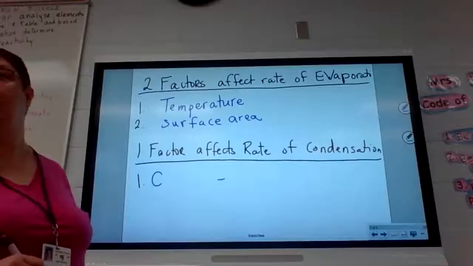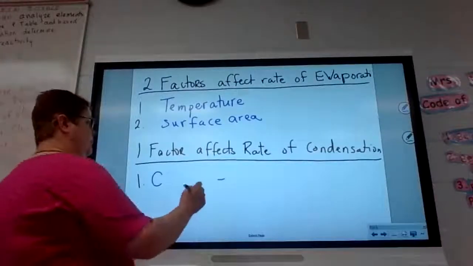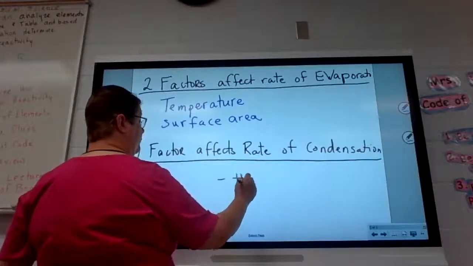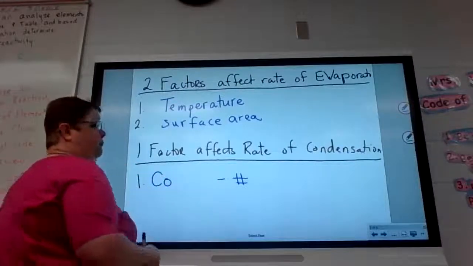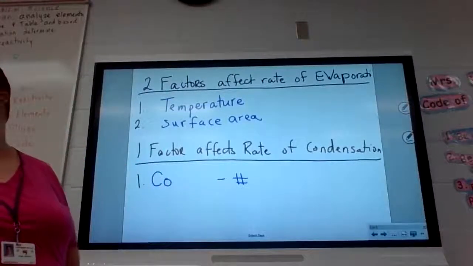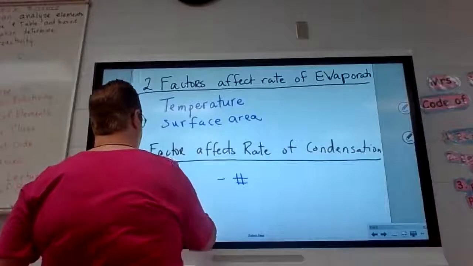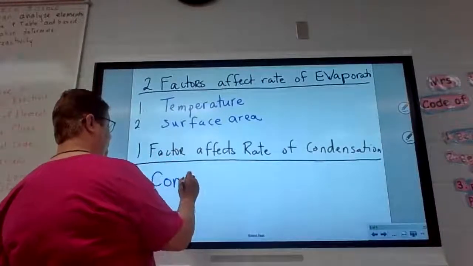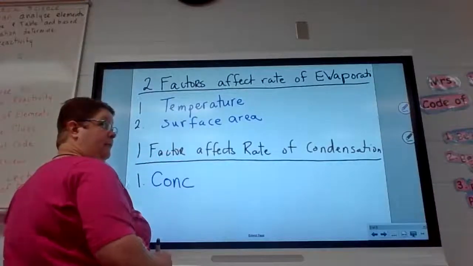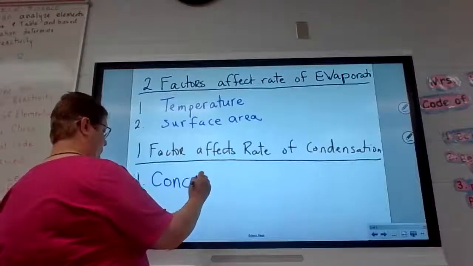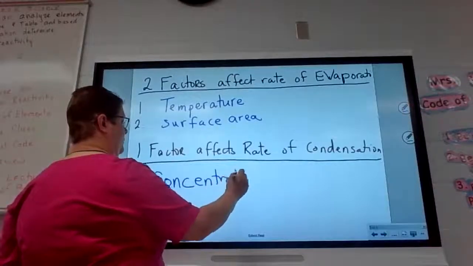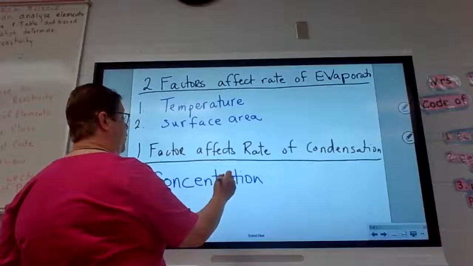No. Compression? Coefficient? Concentration. Yes, concentration. Now, what does concentration mean for us?